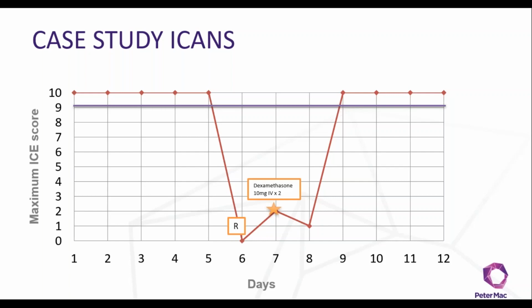Since then, we've built into our guidelines that a refusal of a toxicity assessment is a positive assessment, okay? The reason is that 12 hours later, when we assessed her on the ward round, she had actually had grade 3 neurotoxicity.